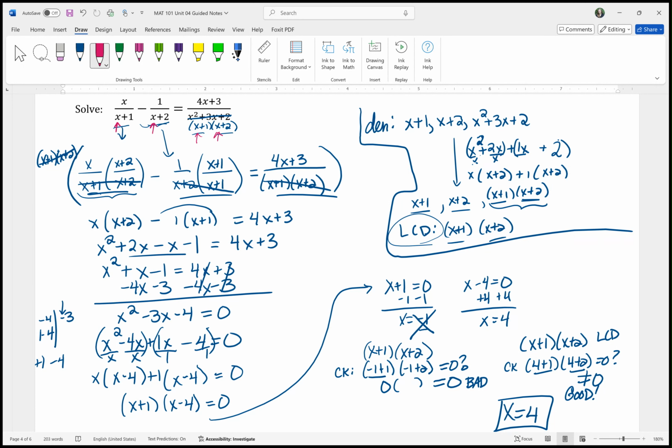Okay, so that's one example. Let's look at another example of the same type of problem. Before I move on, let me just do a quick note here. Notice, as you probably did, that the factors that we got when we factored this ended up being the same as the other two denominators.